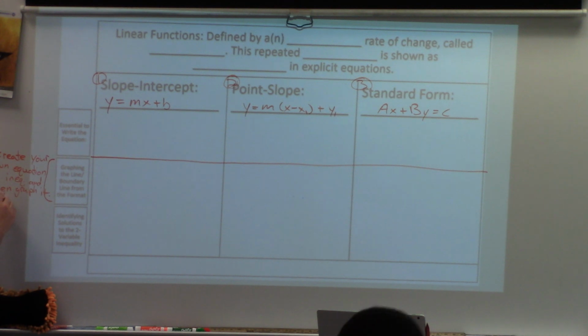Explain how you graphed the line. That's the whole thing, right? That's all I'm asking you to do: create your own example and explain how you graph the line, because that explanation you'll be able to use later to help you graph that line more.